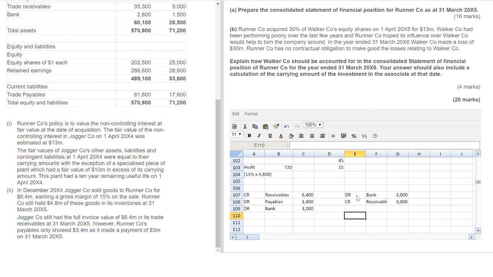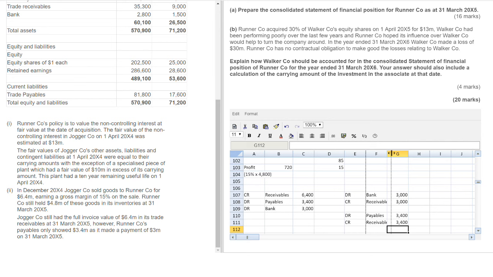And then what that would mean is there is then just 3,400 of a receivable left. So what you would then also do is you would debit payables with the 3,400, and then you would credit your receivables with the same 3,400.